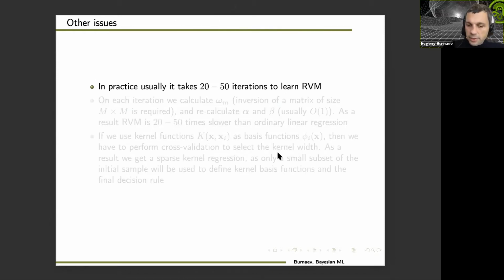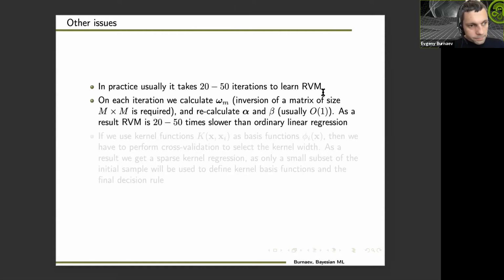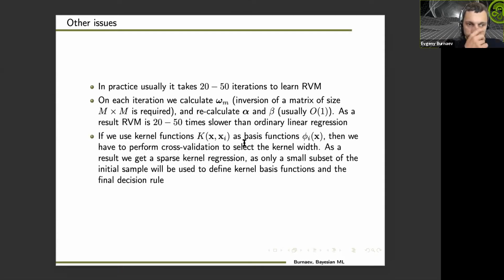So practical issues. In practice it is usually good to take like 20 to 50 iterations to learn RVM. Usually RVM is from 20 to 50 times slower than ordinary linear regression. Of course, if we use a kernel, we need somehow to tune the kernel width.